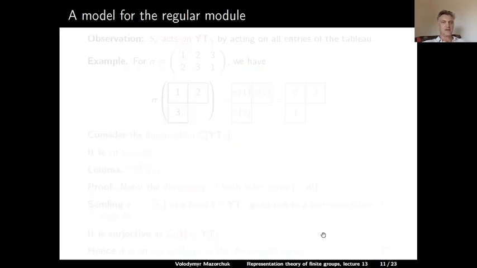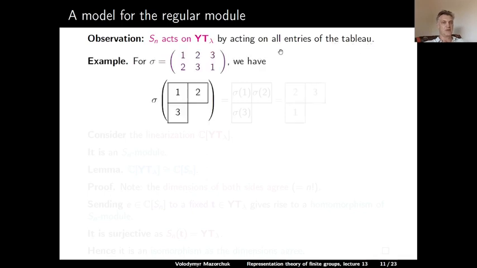So now let us use Young tableaux to give an alternative model for the regular Sn module. Of course, the symmetric group Sn acts on the set of all Young tableaux of shape lambda by acting on all entries of the tableau. So for example, take sigma the permutation where 1 goes to 2, 2 to 3, and 3 to 1, and apply sigma to the following Young tableau of shape (2,1) with elements 1, 2, and 3.